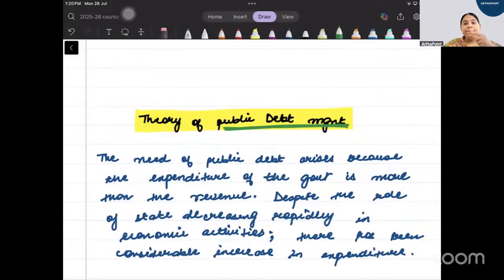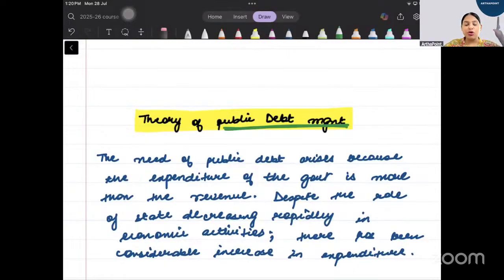Management. Whatever loan you have taken, number one, that loan should be limited. It should not be any random XYZ amount, right? So you have to take a limited loan, and then you have to make sure that you manage it properly.